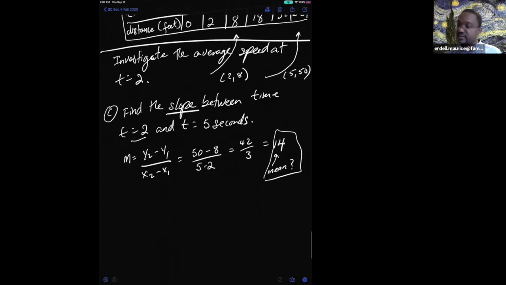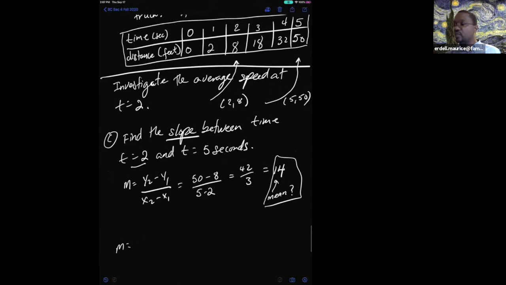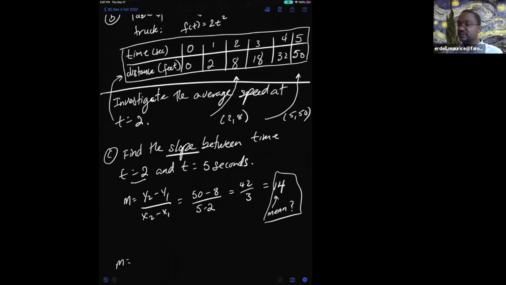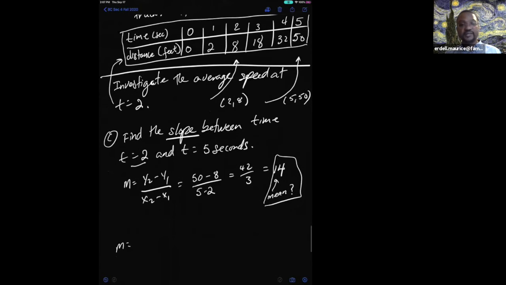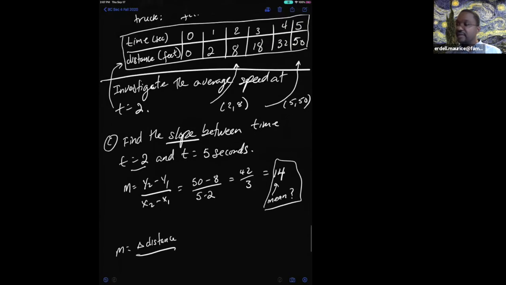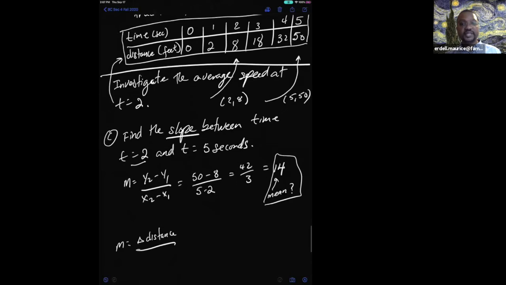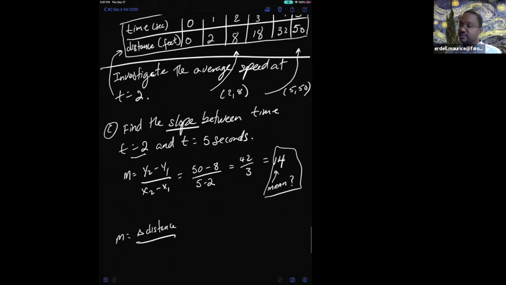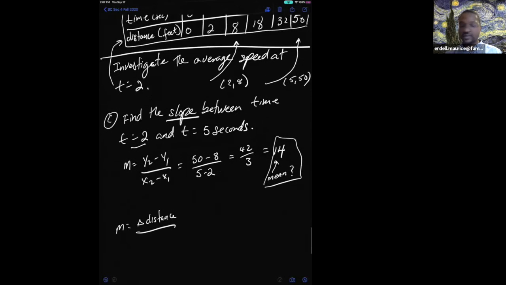If I go back and look at my calculation, when I was finding the slope, y1 and y2 are distances, correct? And so when I subtract them, what I got was the change in the distance. And then I have that 5 seconds from 2 seconds to 5 seconds. Again, I was looking at the change in time.